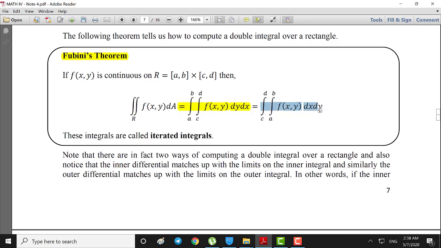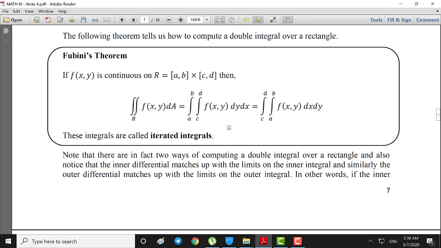So what do these iterated integrals mean? We're going to get to that in a second.